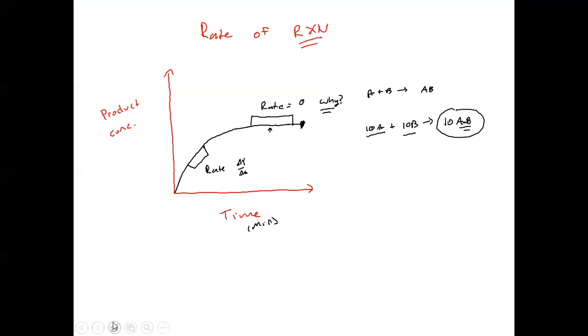Now, if I added in another line that is going to look something like this, I'll do it in blue. If I added in a line that looks like this, all right, what did I change here? Well, I actually increased enzymes, okay?